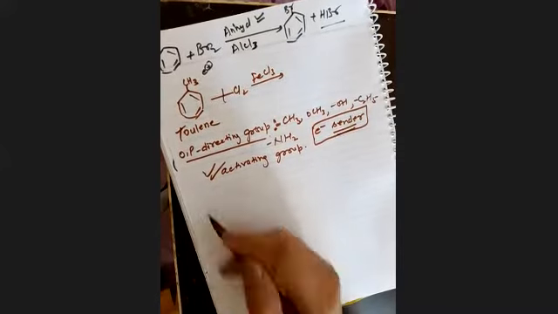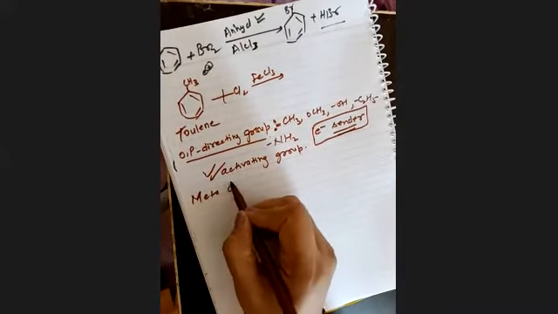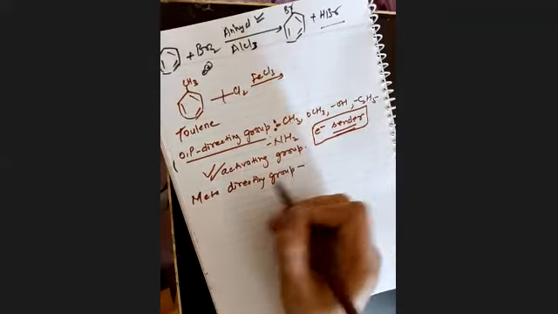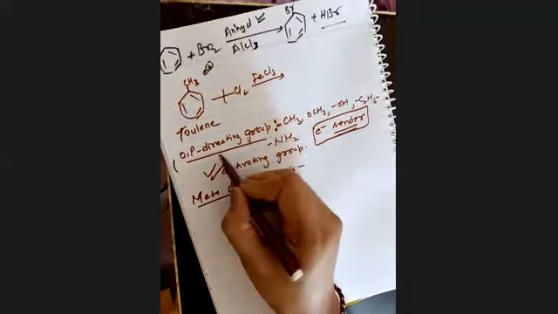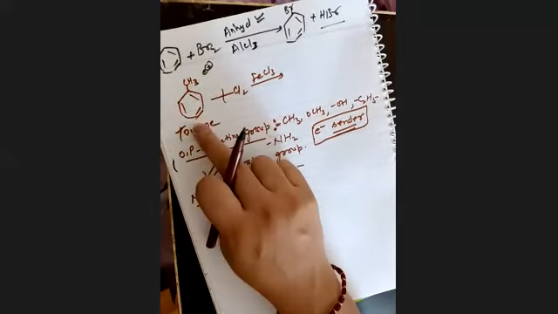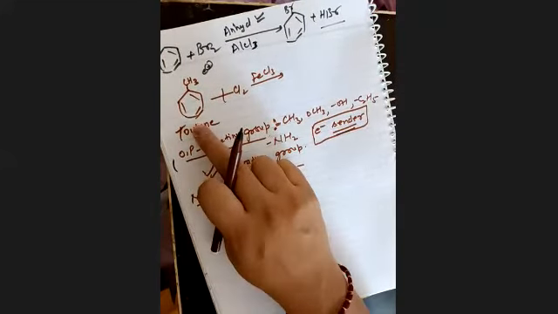Clear? Let's just talk about meta directing groups, because this is very important. जब substitution करेंगे तो आपको पता होना चाहिए कि आपका जो substituent है वो कहाँ जाके अटैक होगा, कहाँ से हाइड्रोजन एलिमिनेट होगा.